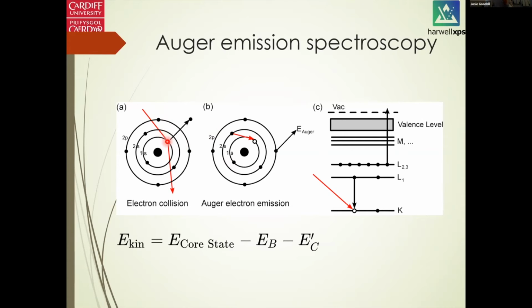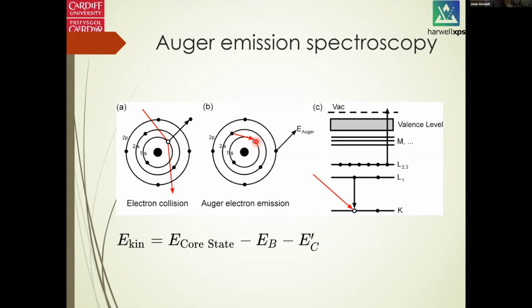When a photon with certain energy hits a core level electron, this electron leaves a hole behind. Another electron from a different core level will fall into this unstable core hole and give out a certain amount of energy.